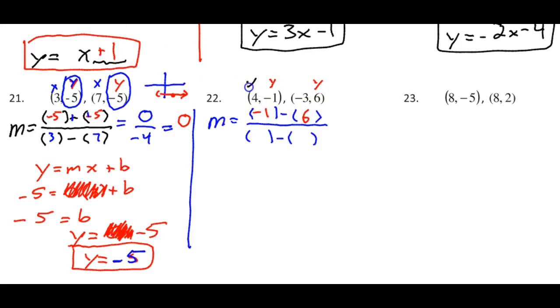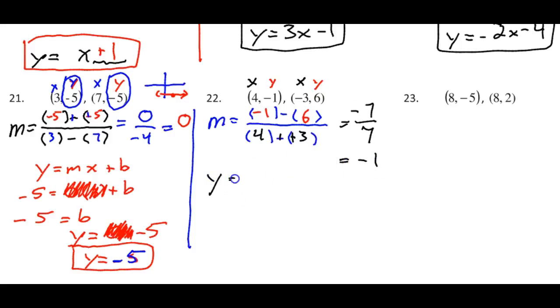And the x's are 4 and -3. Again, watch out for negatives, two negatives together, so that's going to be a positive. So I have -1 minus 6, which is -7, and 4 plus 3, which is +7. So -7 divided by +7 is just -1.